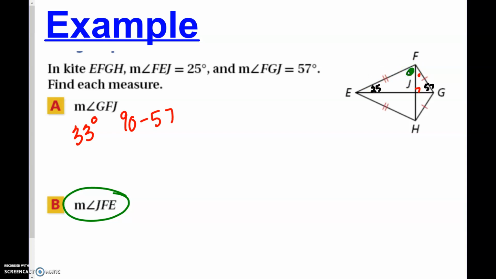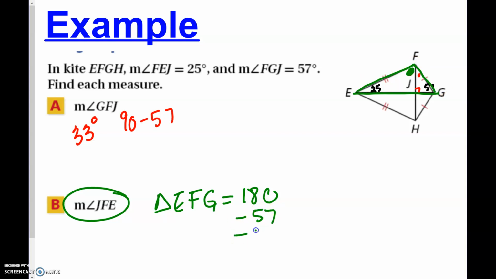In order to do that, there's probably more than one way to do this, but we know that in triangle EFG the angles add up to 180 degrees. So if we look at this triangle right here, we know one angle is 57, and we know one angle is 25.